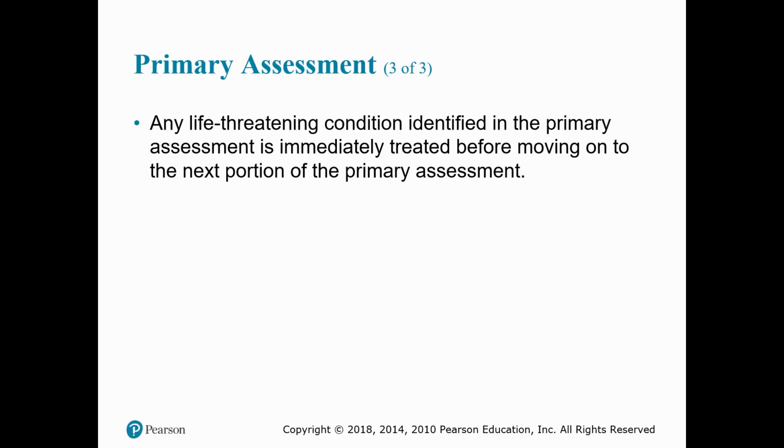We have got to address that bleeding immediately before we move on to the next step, because if he runs out of blood, he's going to die. So if we have extensive bleeding, we're going to address that, because if he dies, we don't have an airway and we don't have breathing, correct? So let's go ahead and identify that, get the treatment started before we move on to the next step.